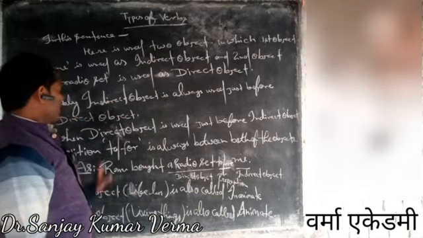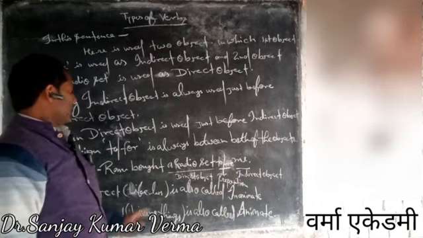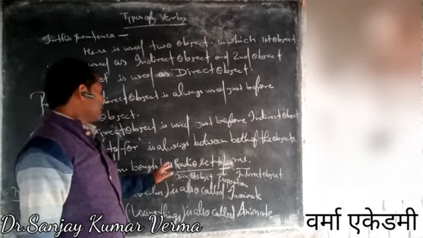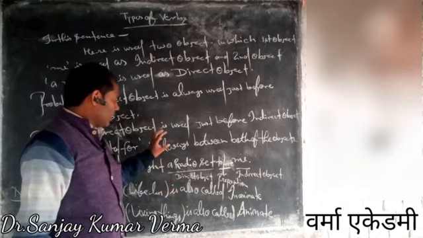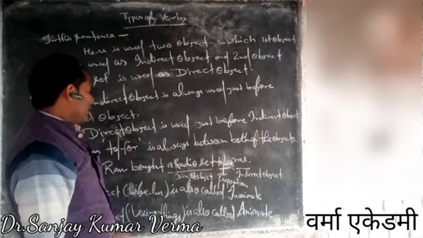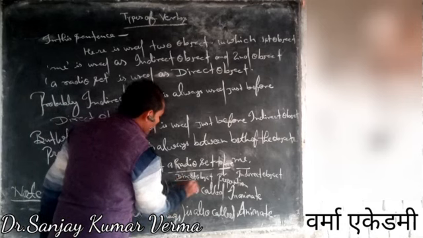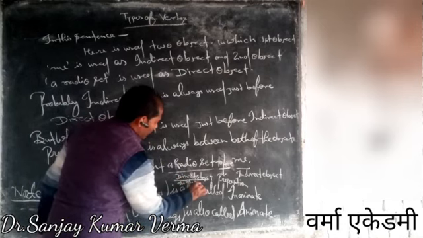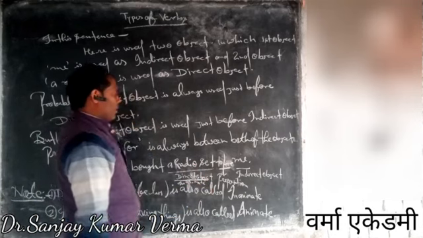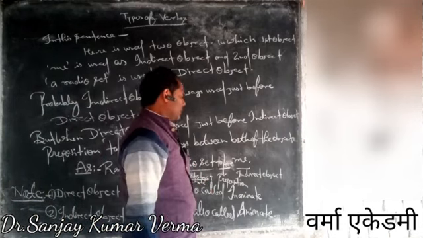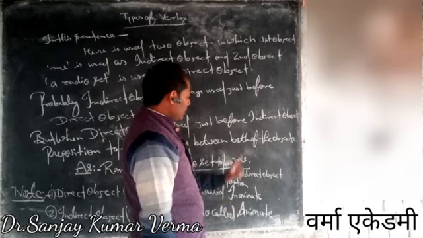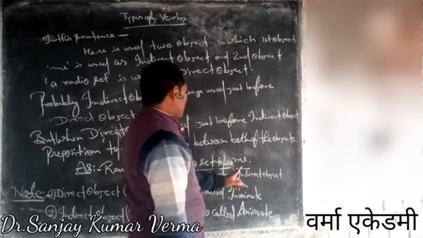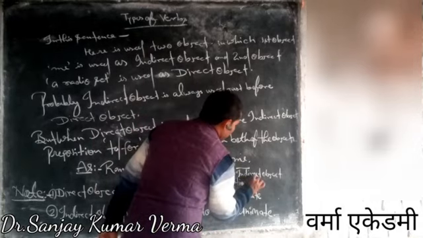Means in this sentence, the direct object, a radio set, is called inanimate, and me, that is living things, the indirect object, is also called animate.